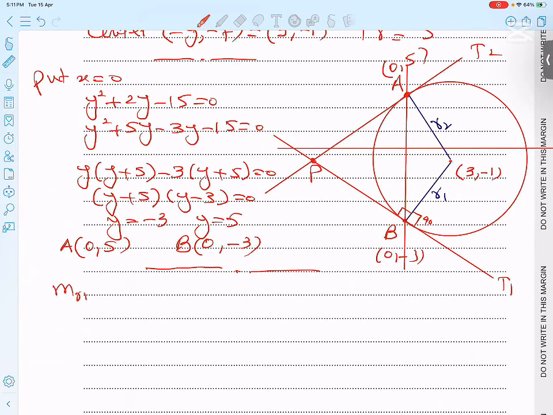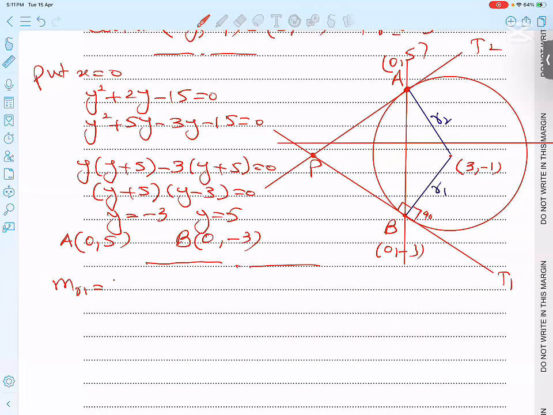So the gradient of radius 1 is y2 minus y1. So a slight difference here. This is actually -5, and I have to make a small change. So it means the coordinates I have to change. Now this is -5 and this is +3. So the A coordinate is +3 and the B coordinate is -5. Even though it looks like a small difference, it's a bigger distance.